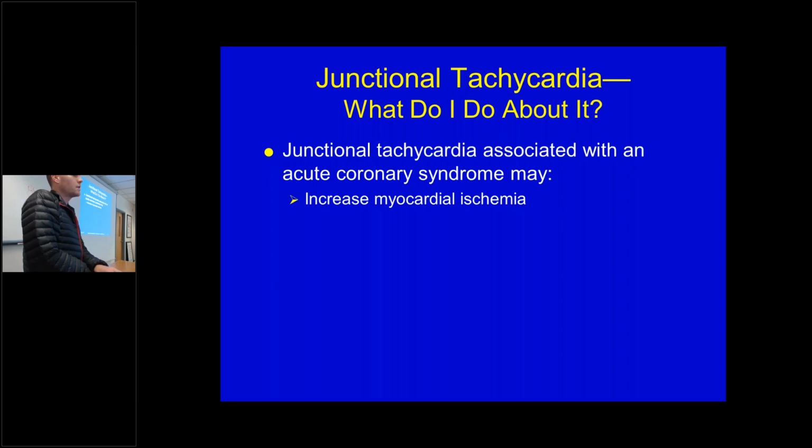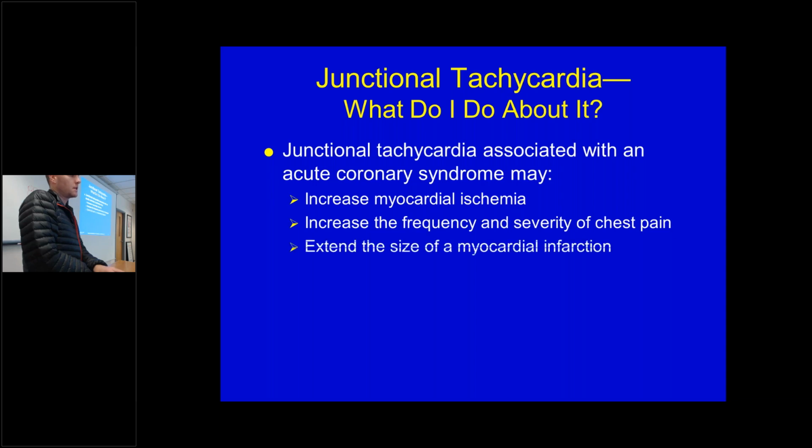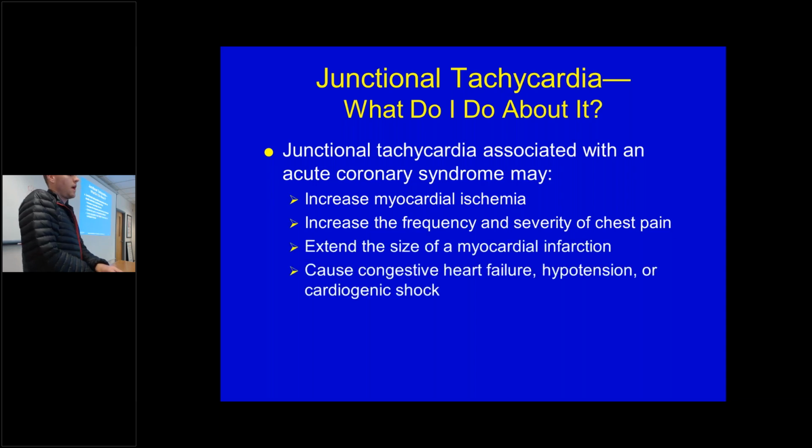And that tachycardia is going to do what to your heart attack? Yep, it'll increase your ischemia. Good. In a patient, obviously, that increased ischemia is going to cause increased pain. The infarct will be worse, and then further go down the cycle of worsening ischemia, worsening blood pressure, and cardiogenic shock.